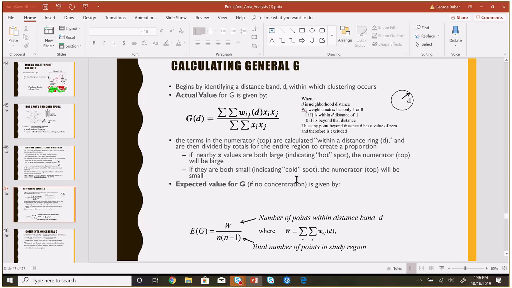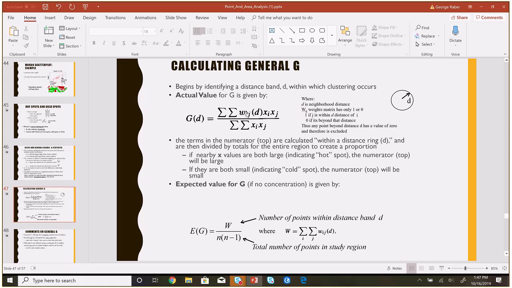All right, so this is the calculation for General G. We're not really going to talk about this too much, but it is using the weights. Basically, if nearby x values are both large, the numerator on the top will be large. If they are both small, the numerator on the top will be small.